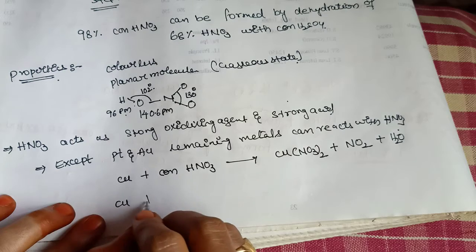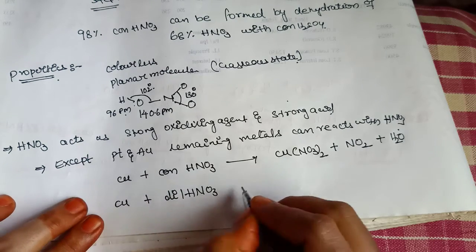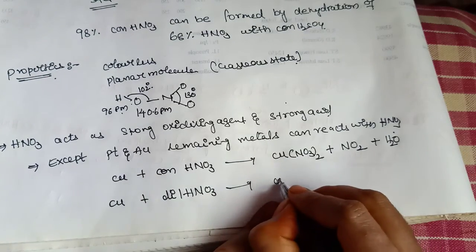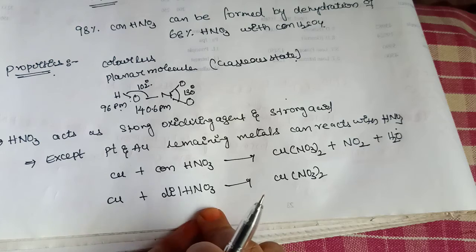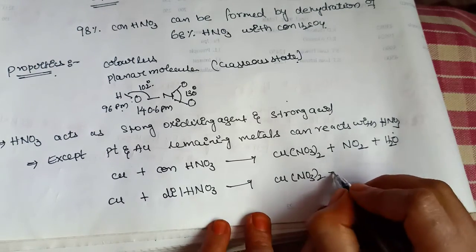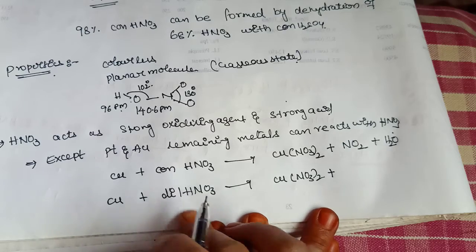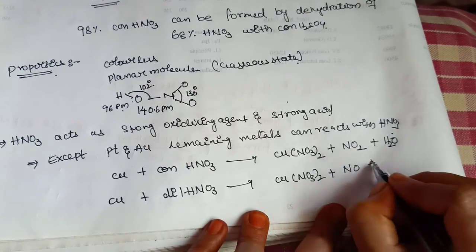Suppose copper reacts with dilute HNO3. Copper nitrate is the common product, whether it is dilute HNO3 or concentrated HNO3, but with dilute HNO3 it gives nitric oxide plus water.